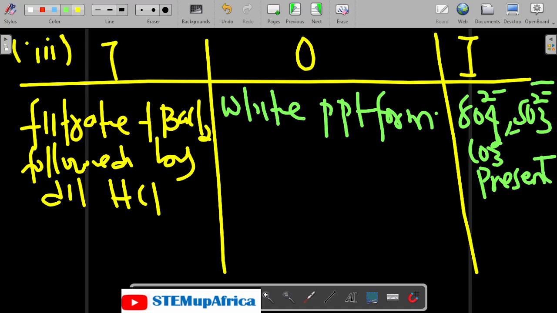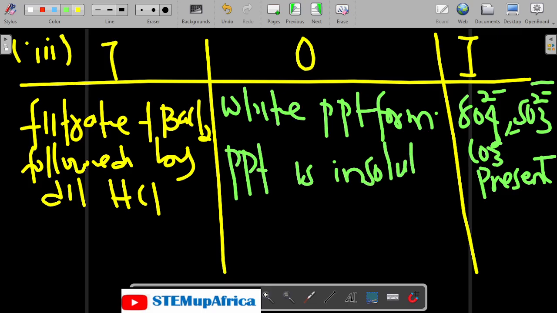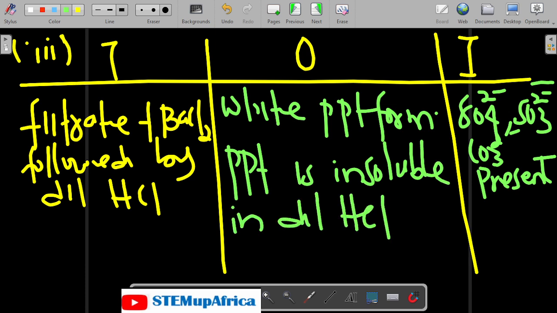So if the PPT is insoluble in dilute HCl, that means it's only SO4 2- that is present. So the filtrate contains SO4 2-, not SO3 2-, not CO3 2-.